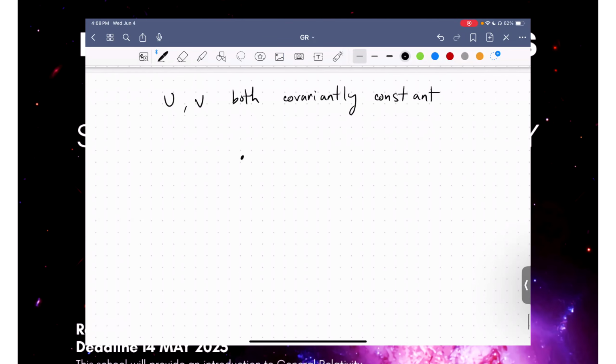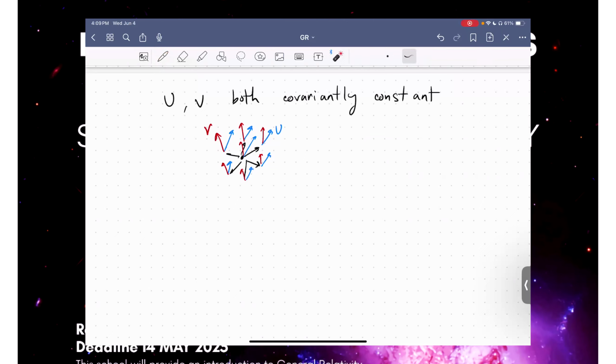It means that at a point, regardless of which direction I'm moving, these vectors are being transported parallelly everywhere. So maybe this is u. And this is v.